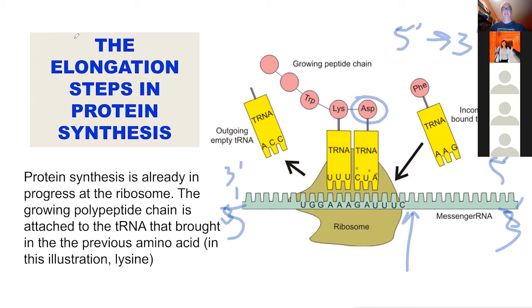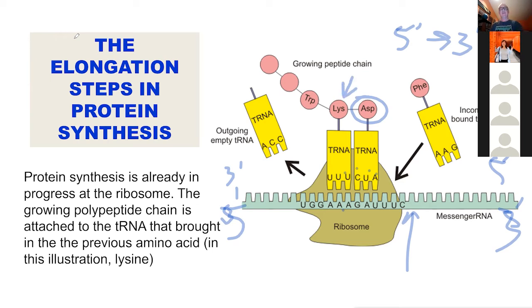Aspartic acid is one of the 20 amino acids. It goes there. The next one coming in recognizes AAA, so it would be UUU. UUU is the anticodon for lysine. So then lysine gets added.